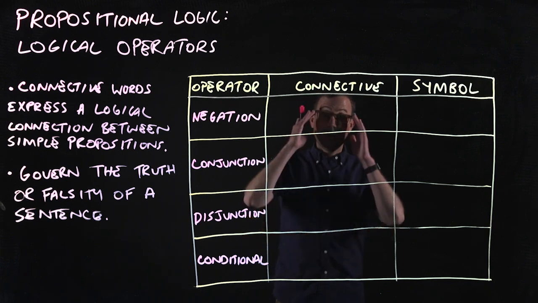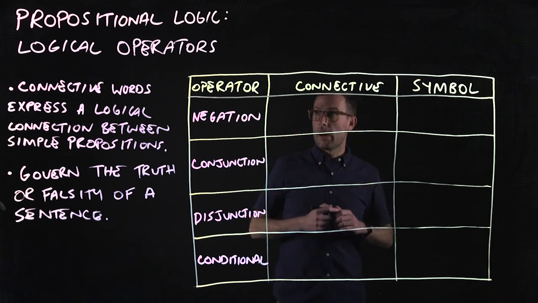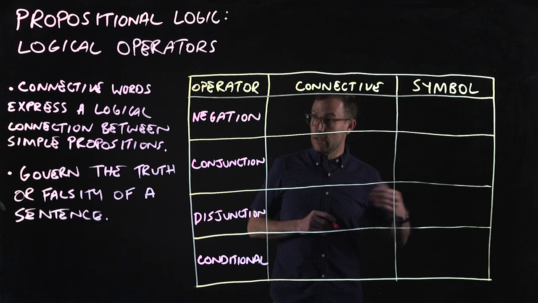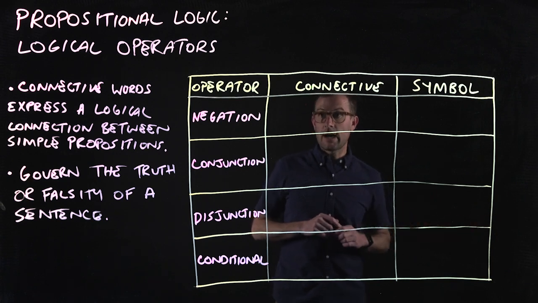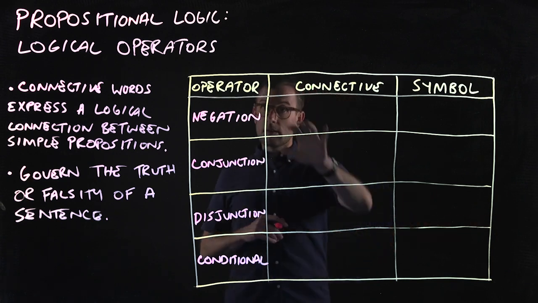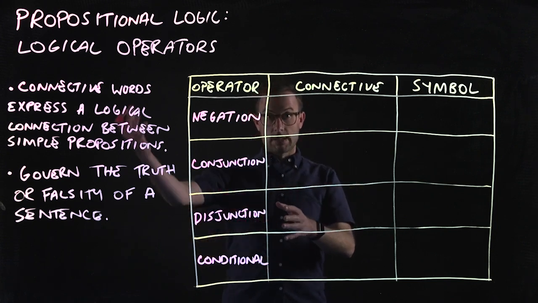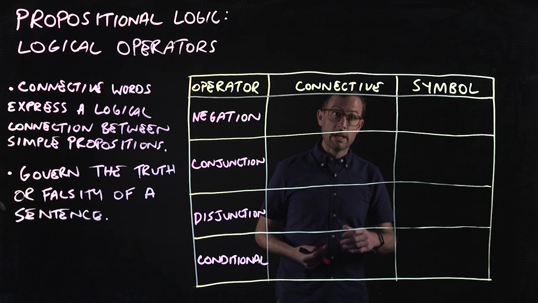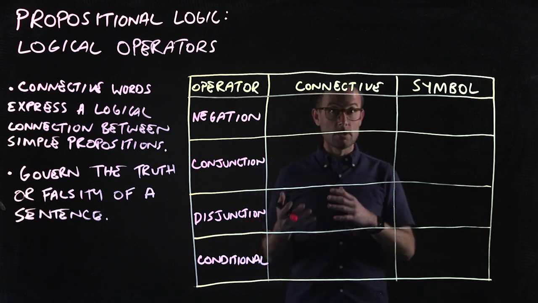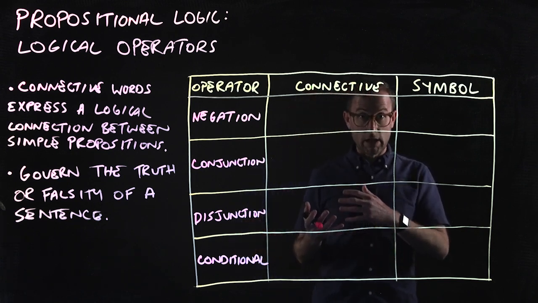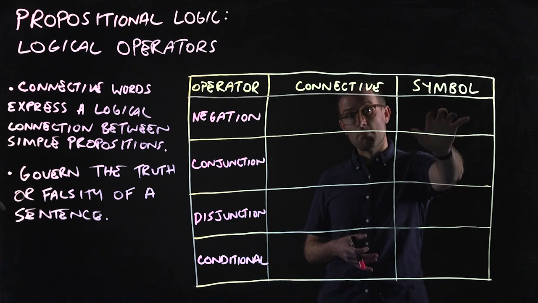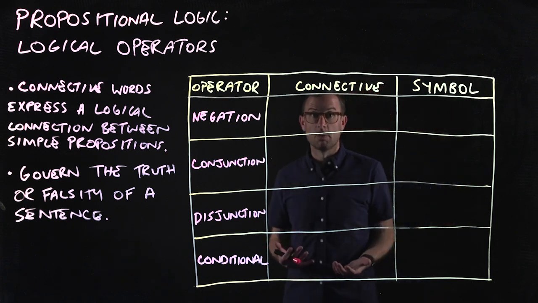Okay, now what we're going to be learning about in the next few lessons is how to take logical operators as they are expressed in natural language as connective words, right? And how we can take those representations in natural language and put them into a symbolic form, okay, just using symbols, okay?